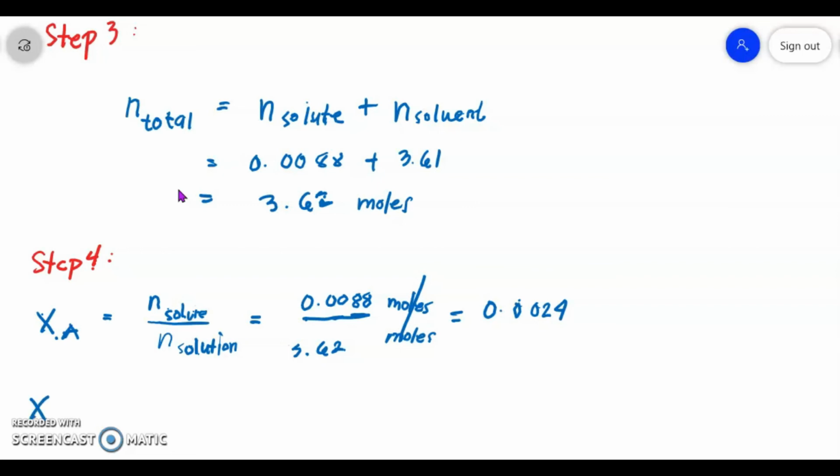For the mole fraction of the solvent, we have X sub B. I'm just going to write this for formality.